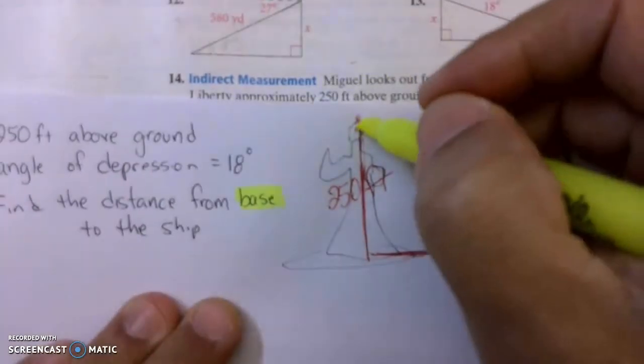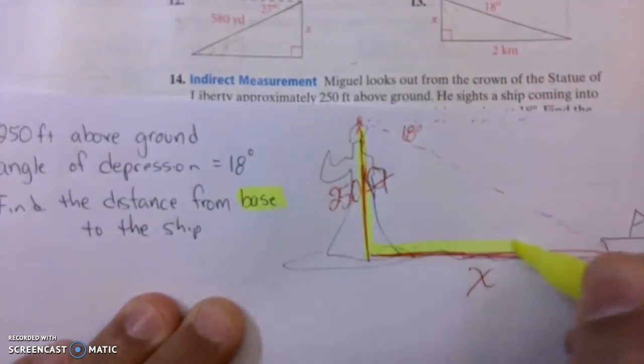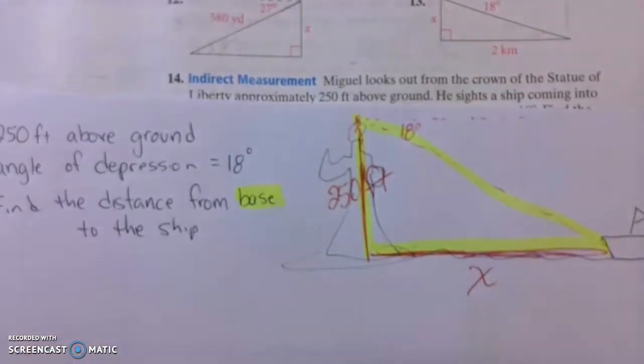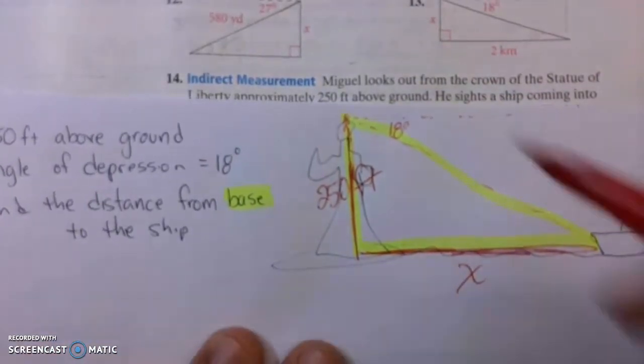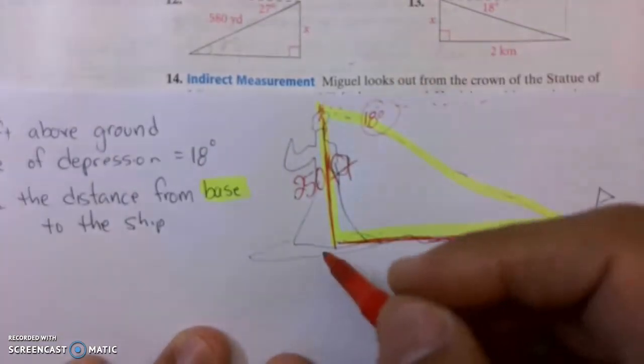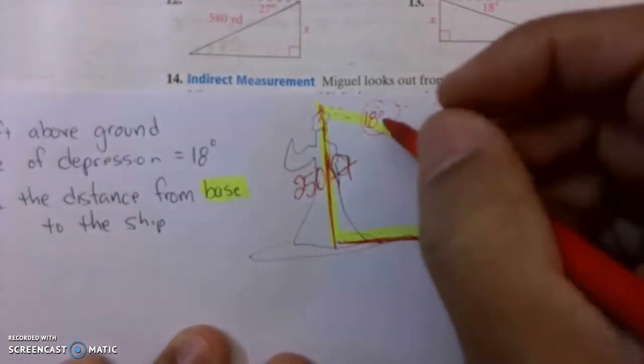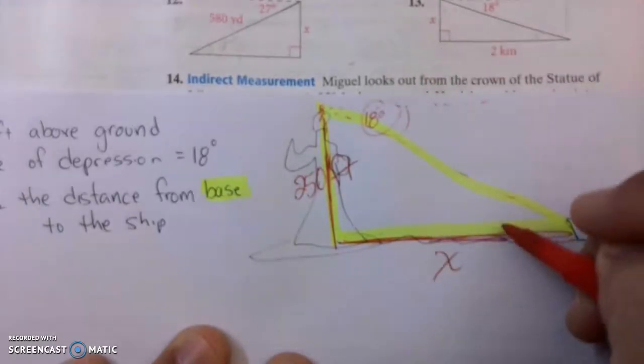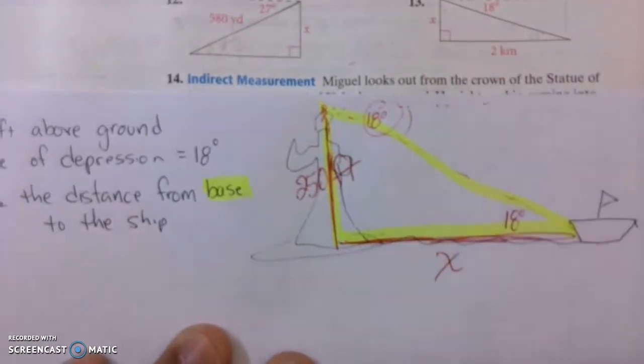Hopefully you can see the right triangle here. With this right triangle, the 18 degrees is not currently in the yellow triangle here, but the horizontal and the base here, they are parallel. So if it's 18 degrees up here, it's also 18 degrees on this corner.